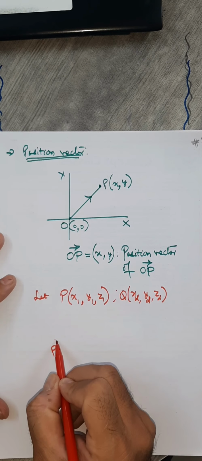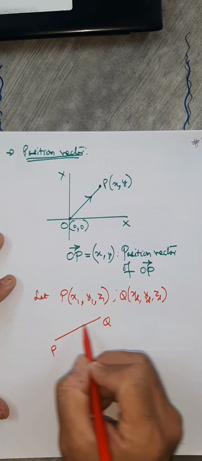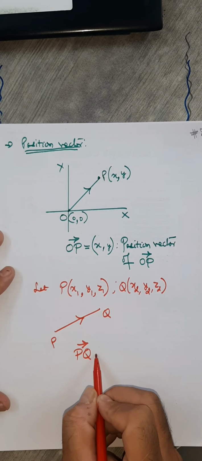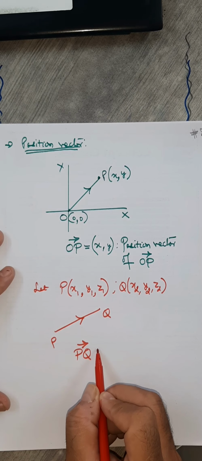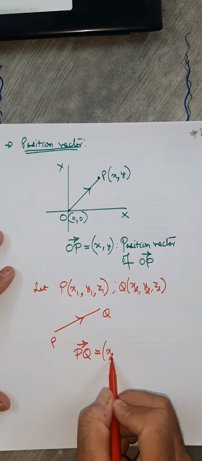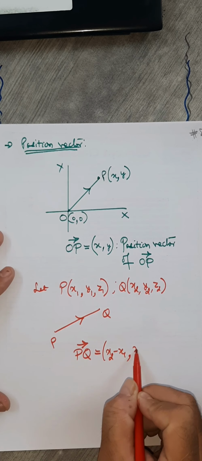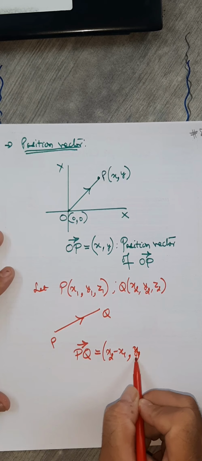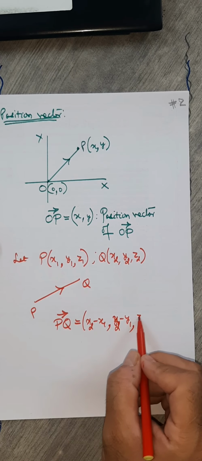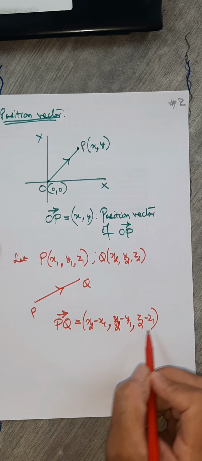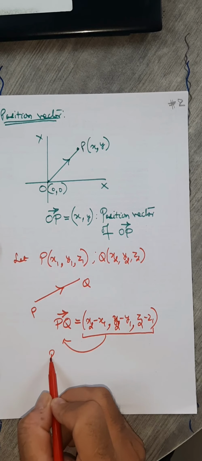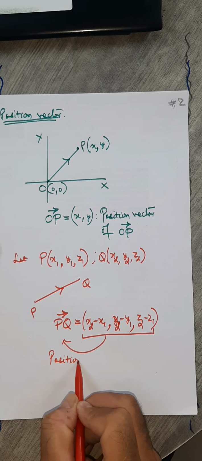This is P, this is Q, this is vector PQ. Now what's the position vector of this? That is in general this minus this, so it will be x2 minus x1 comma y2 minus y1 comma z2 minus z1. This is defined as the position vector in general.